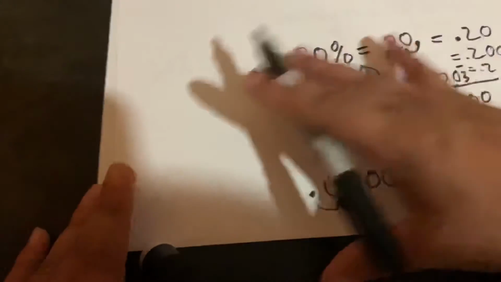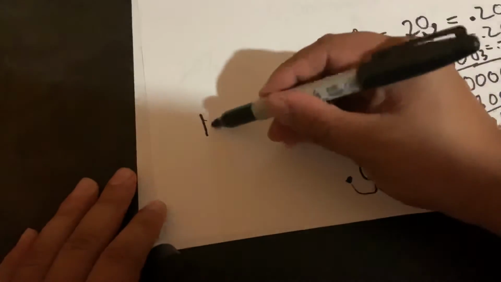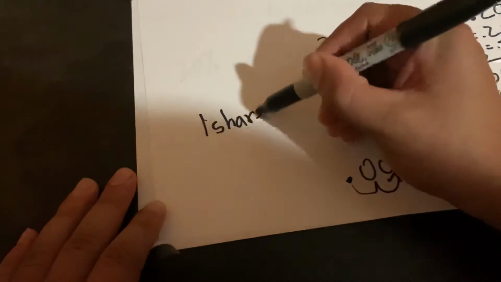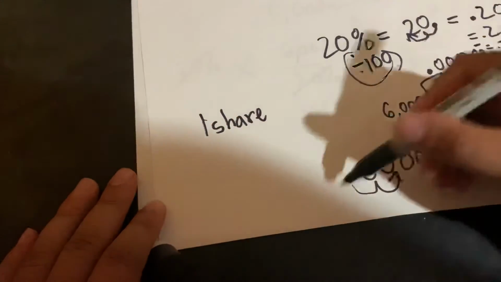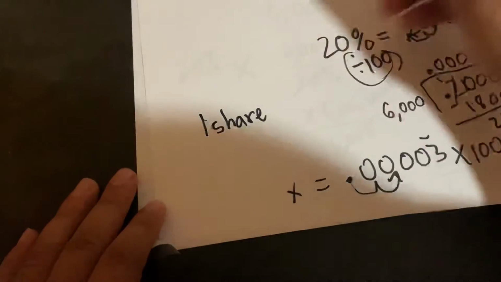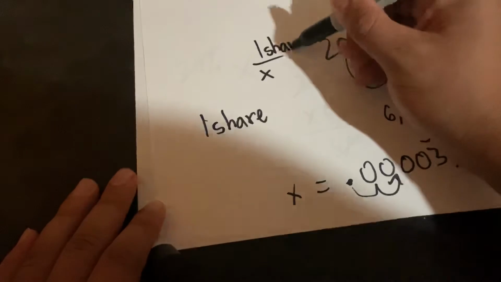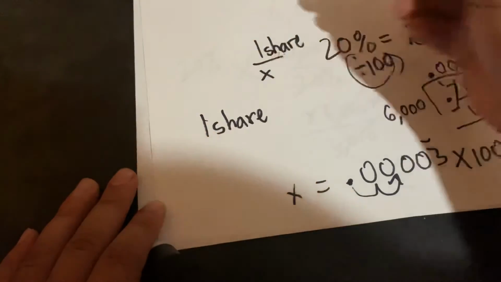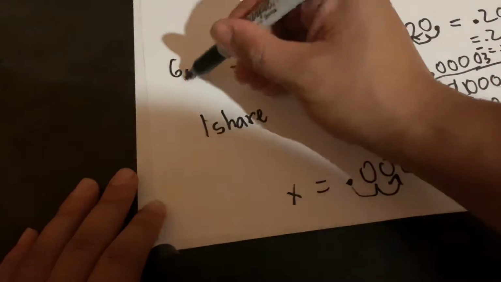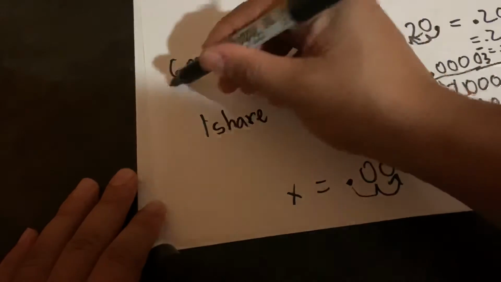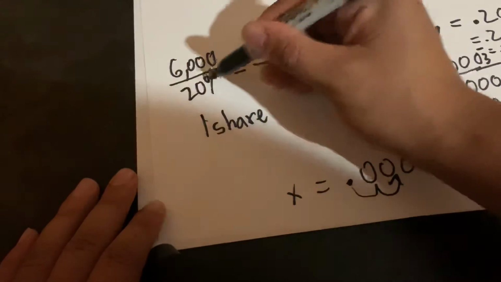So essentially what we saw was that one share, because remember this equals X, and X was in the bottom of one share. I was finding this equivalent ratio to 6,000 shares over 20%.